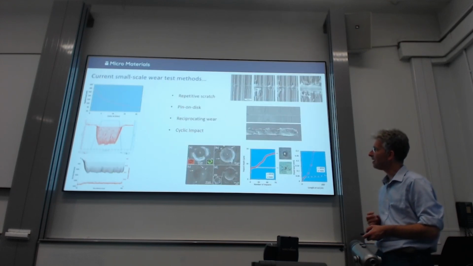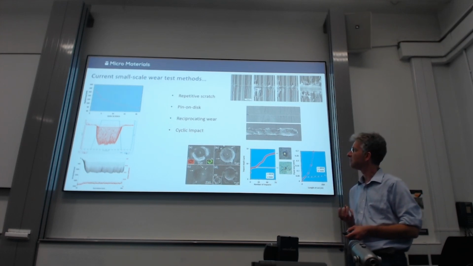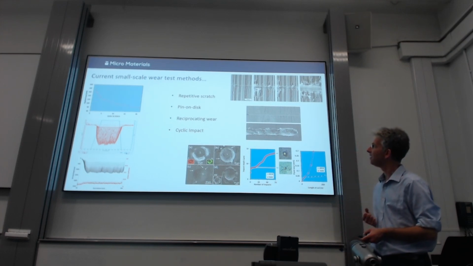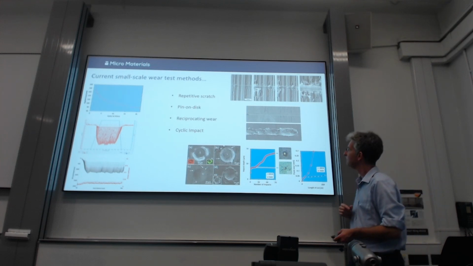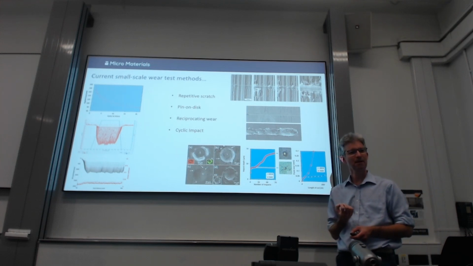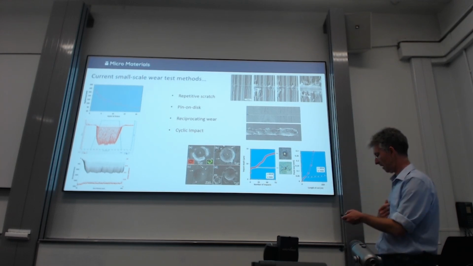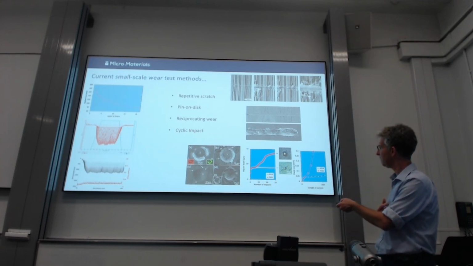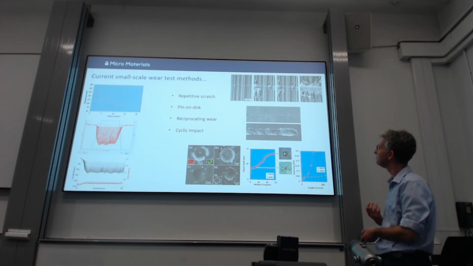So if we think about our current small-scale wear test methods, there's several of them highlighted there, then they often correlate quite nicely with application performance. On here, for example, down here we've got a micro-impact test, and here on the right is a cutting test, and there's quite a nice correlation between the two.